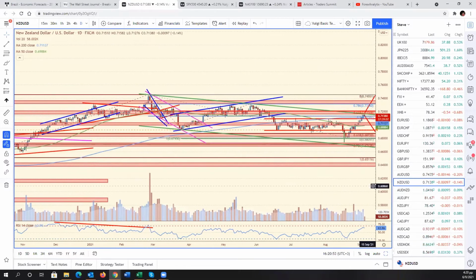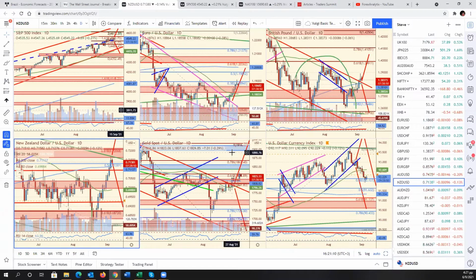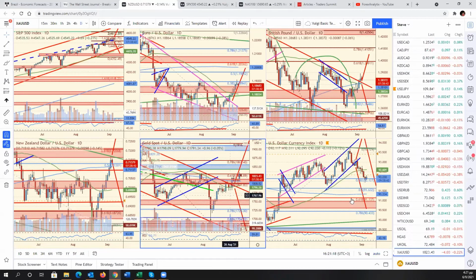But clearly buying it now that it's testing a confluence of resistances doesn't make much sense. So as I said, I do think we're breaking out, but it might take a few days, worst case scenario. So I wouldn't be chasing it up here. You'd be better buying the breakout than buying it exactly where we are now.